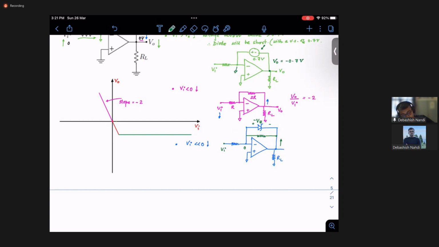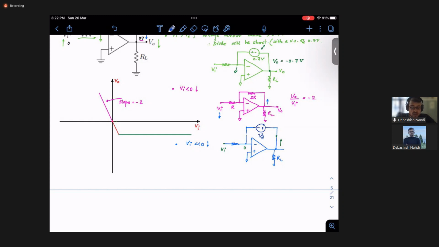That means I am having a potential drop, but there will be no current through this path, and it will act as a voltage source of reverse polarity. This is my Vz.